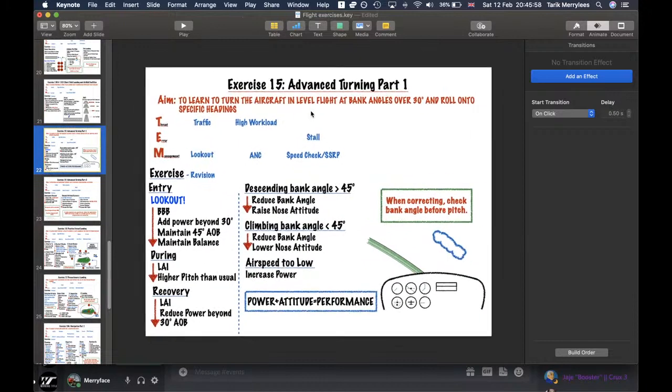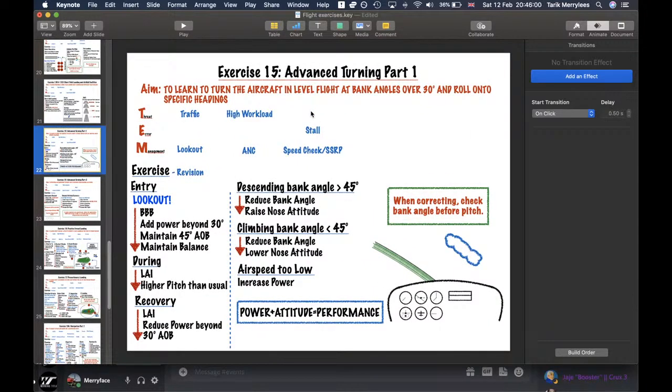So, quick revision of what we'll do. We're going to start with advanced turns, steep turns. We're going to do our lookout. We're going to do the triple B. We enter the turn. After 30 degrees, we increase power enough to hear the engine. We go to 45. We maintain level flight as we turn at 45 degrees bank angle, keeping the ball in the middle.